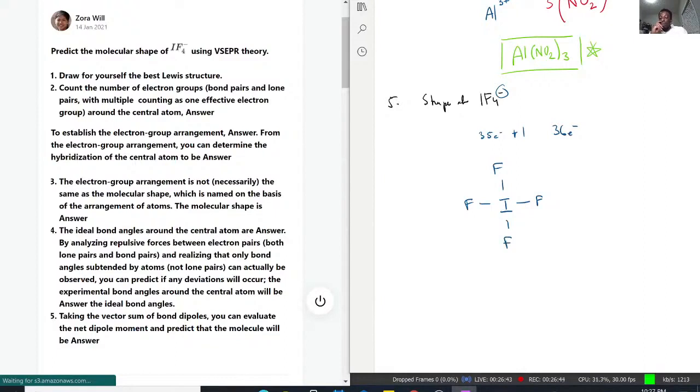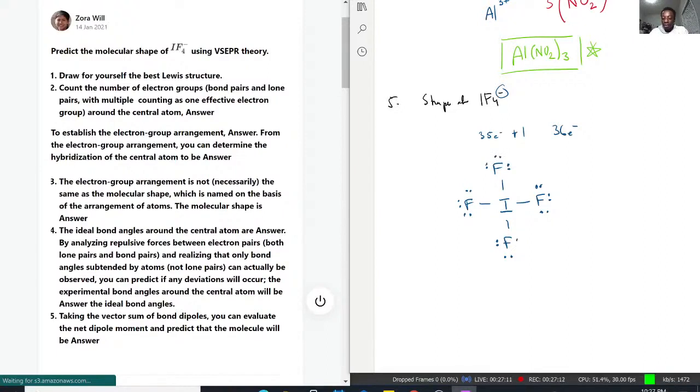And now what we want to do is draw out the valence electrons on the fluorines at least, because we know that right now it's sharing 1 of its 7. So it'll be 2, 3, 4, 5, 6, 7, and the same thing for each of the others.